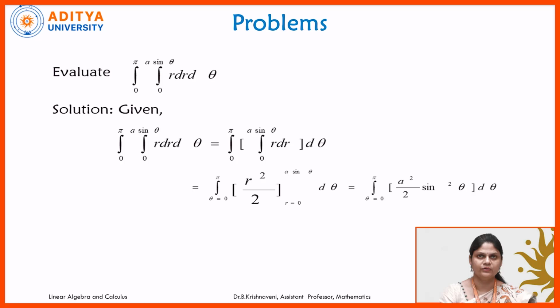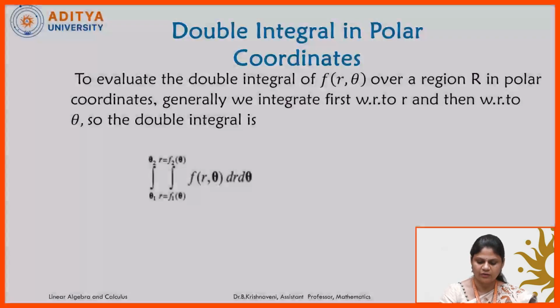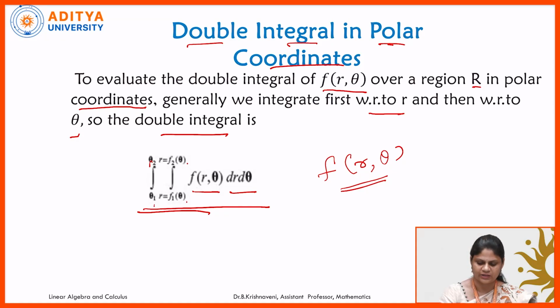Now let us move into the question, that is how to find the double integration in polar coordinates. The first question is: evaluate integral 0 to pi, integral 0 to a sin theta, r dr d theta. In order to find this double integration, as we said already, generally we integrate first with respect to r, then with respect to theta.